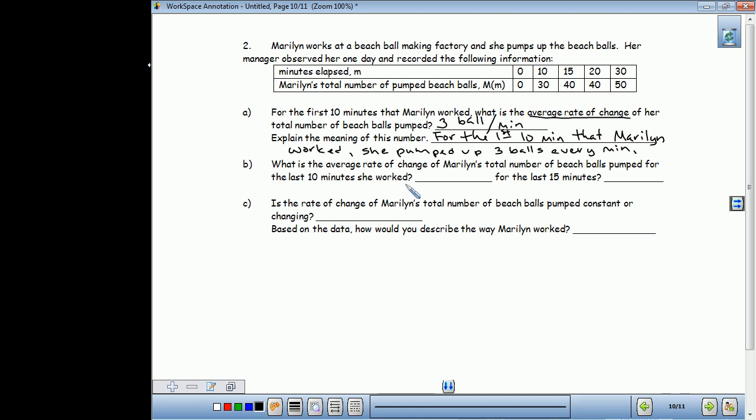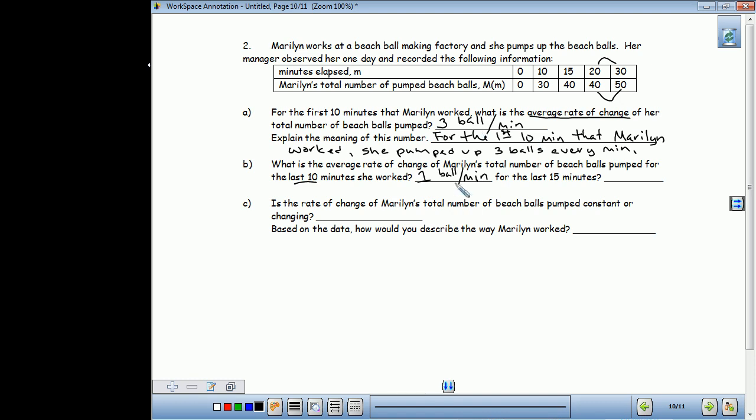Okay, B. What is the average rate of change of Marilyn's total number of beach balls pumped for the last 10 minutes that she worked? So how did this change? Went from 10. 10, and how did this change? 10. 10, so 10 divided by 10 is? 1 ball per minute. Definitely a slower rate, isn't it?